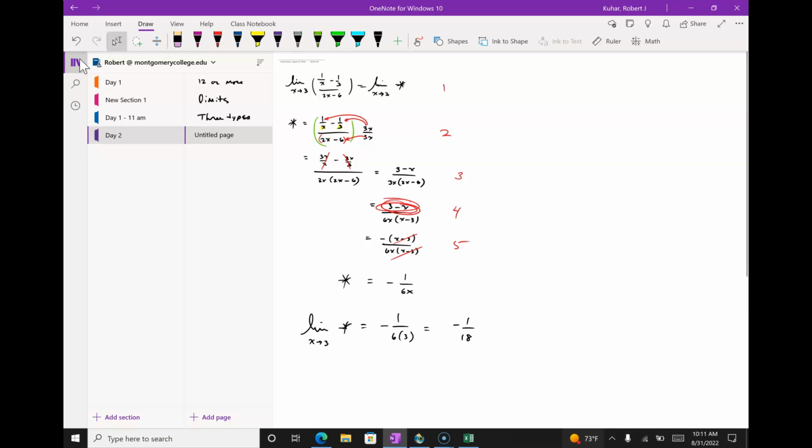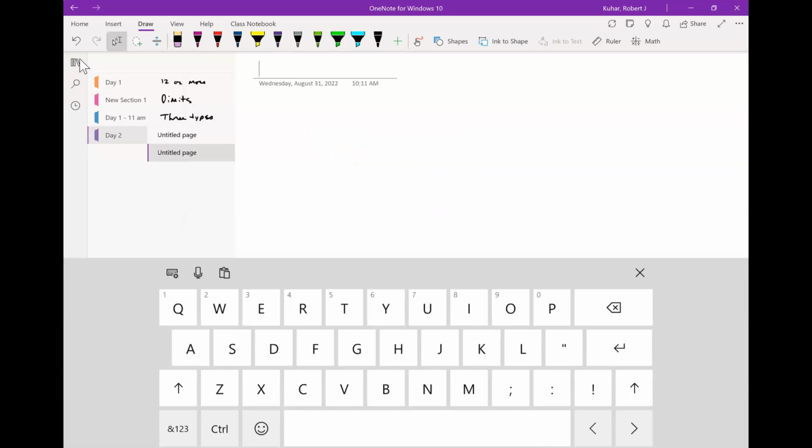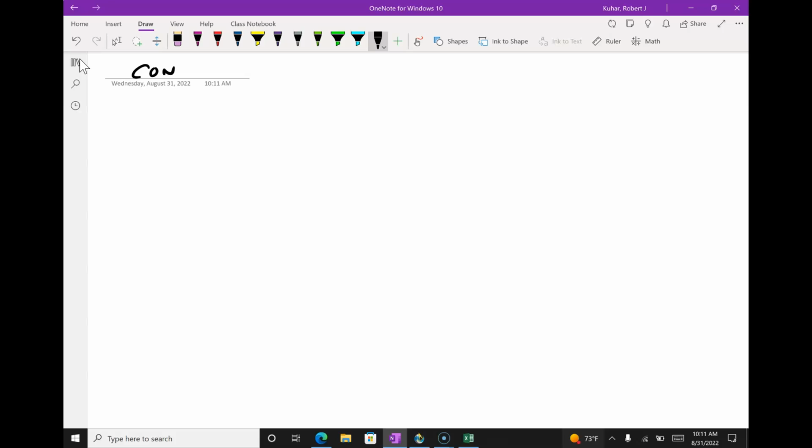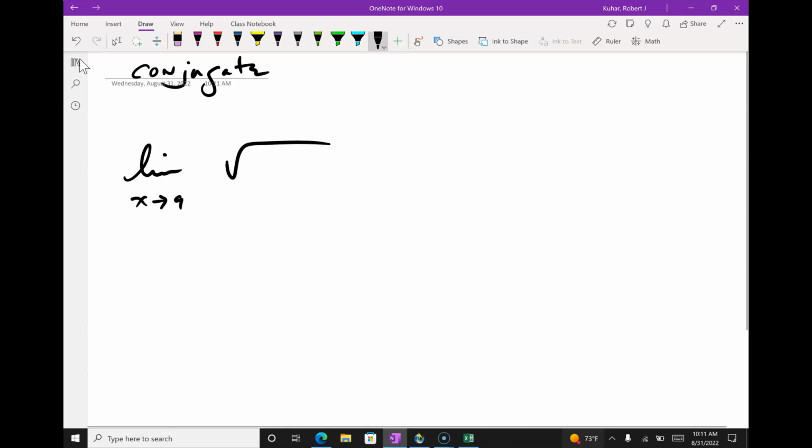All right, conjugate. Let's see. The limit as x goes to 9 of square root of x minus 3 over x minus 9. That sounds good.